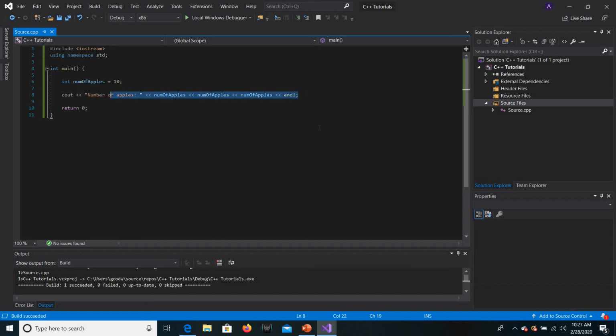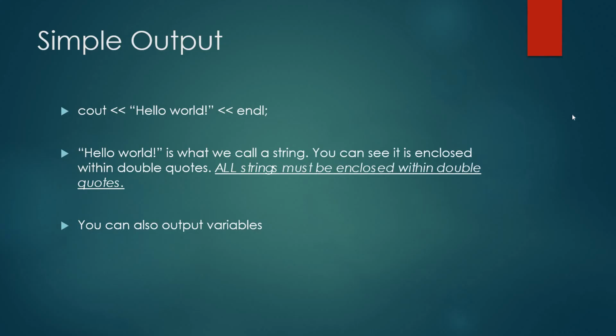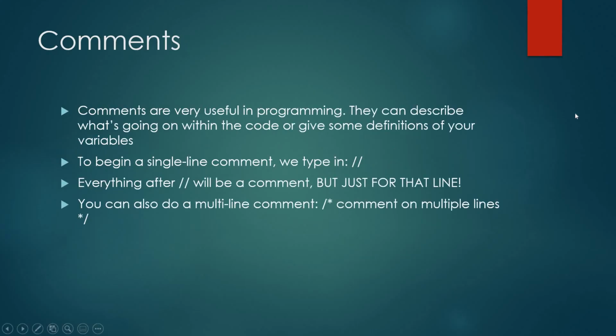So, next topic I want to talk about is comments. Comments are really important for your program. They can describe what's going on within the code, or if you have some variables, you can use comments to give definitions. So what I like to do is at the top of every program, put a comment to describe what this program is going to do.